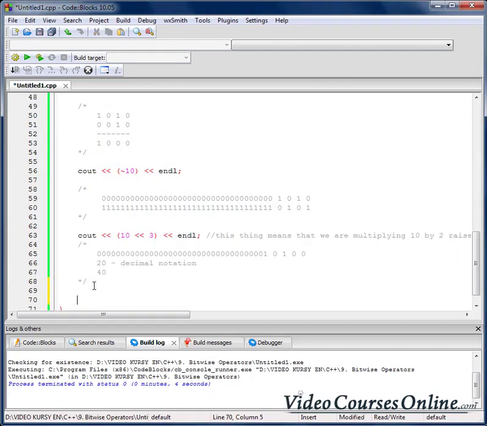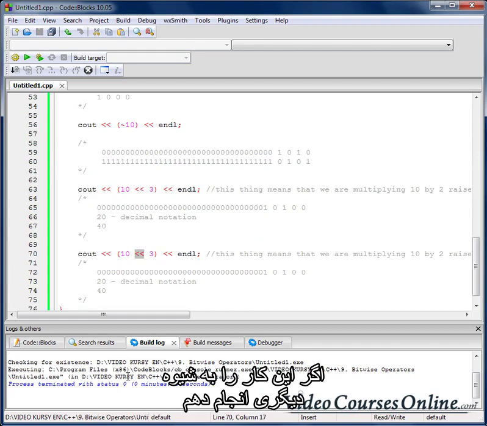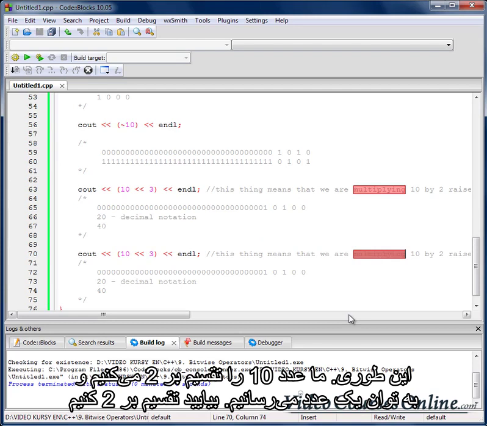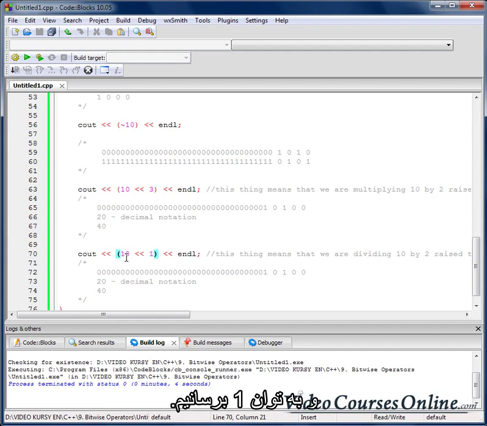Okay, now if I do it the other way, so that we are dividing 10 by 2 raised to something. So let's divide by 2 raised to the power of 1. So I am dividing 10 by 2, so the result should be 5.